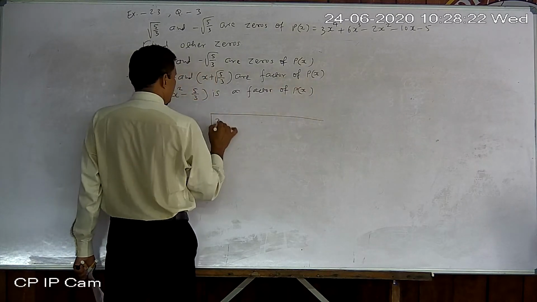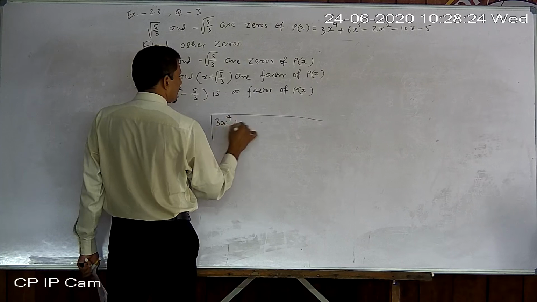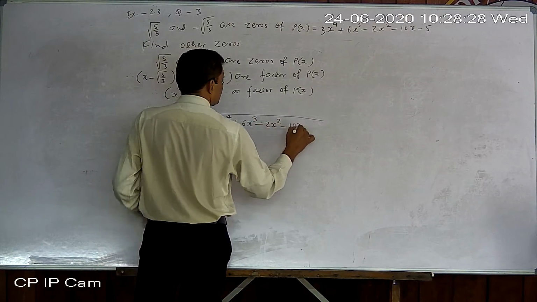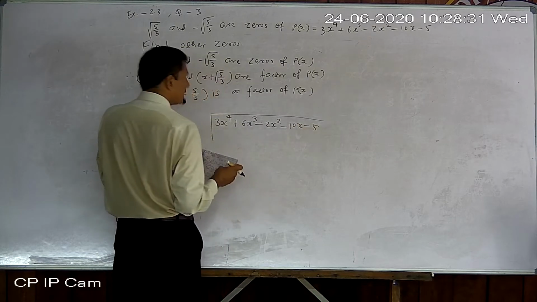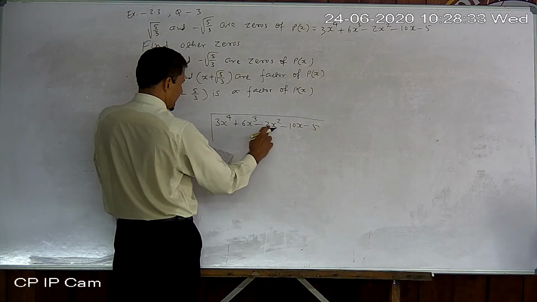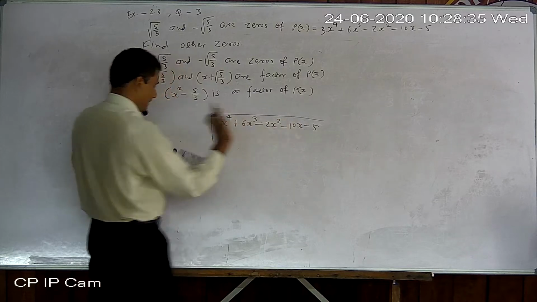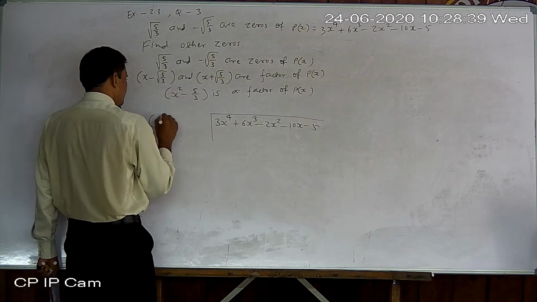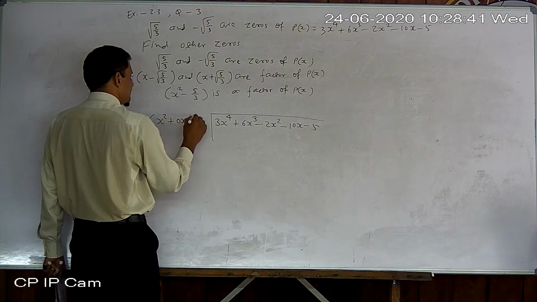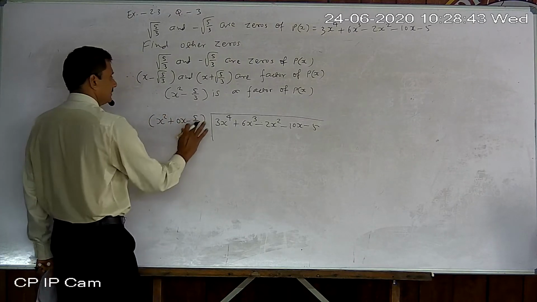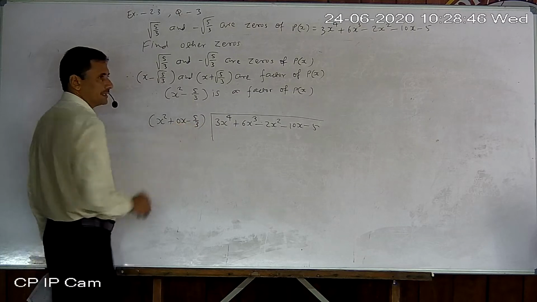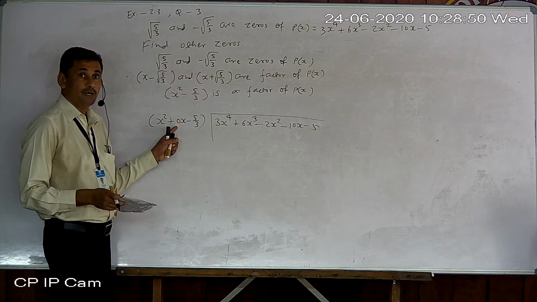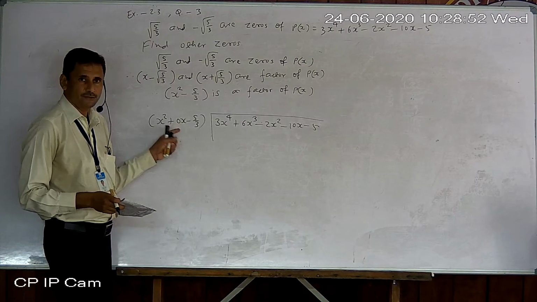The polynomial is 3x raised to 4 plus 6x cube minus 2x square minus 10x minus 5. Divide by x square plus 0x minus 5 by 3. As our usual practice, we place the missing term by applying a zero coefficient.